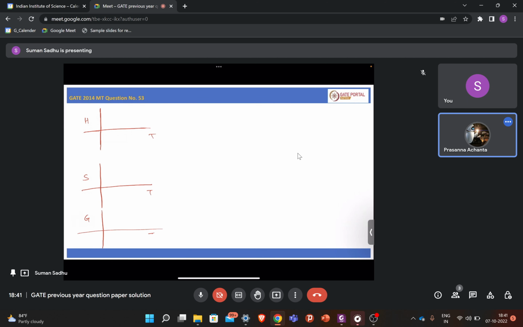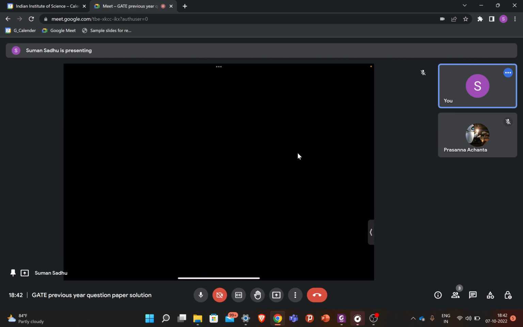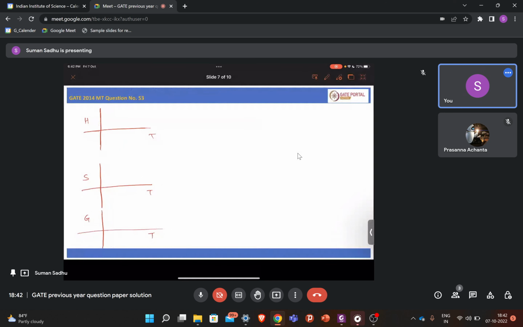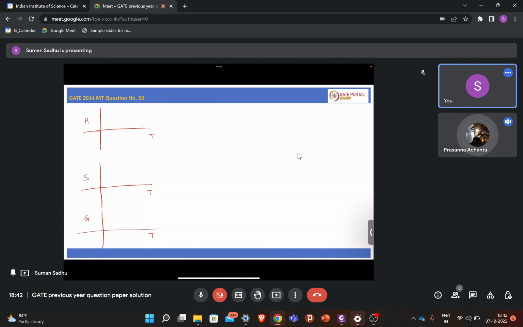How does entropy vary? Does entropy increase with temperature or decrease? Entropy increases with temperature. Entropy always increases with temperature.